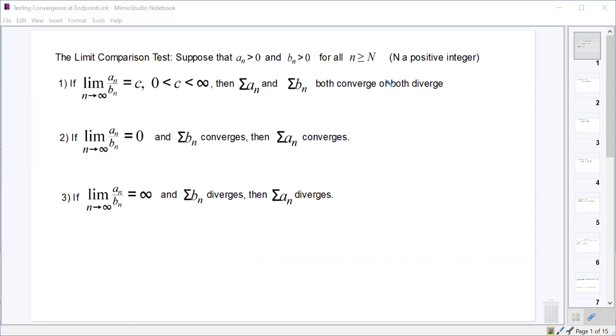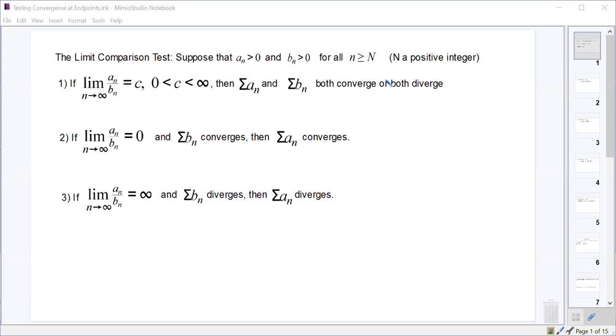And the limit comparison test is going to be a little bit similar to our direct comparison test, except that for this one, the convenient thing is that we don't necessarily have to have one of our series always be larger than or always be smaller than the one that we're interested in.